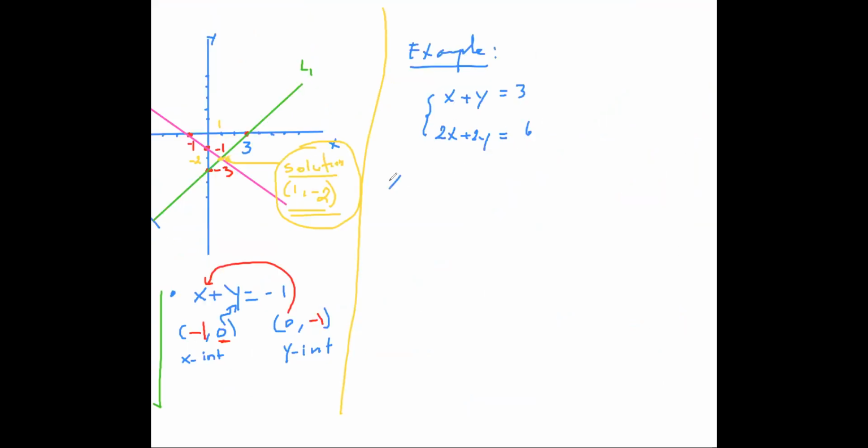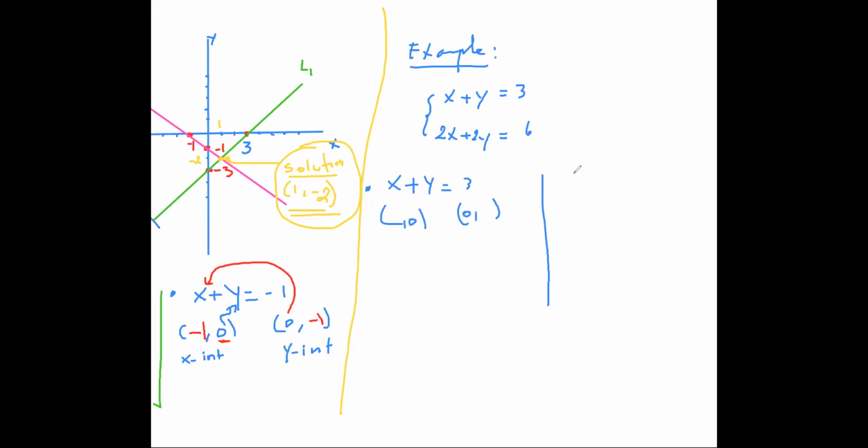So we're going to start with each line, x plus y, and we're going to start with 2 pairs. What do we put in each pair? X intercept and Y intercept. So 0 here, and here 0.